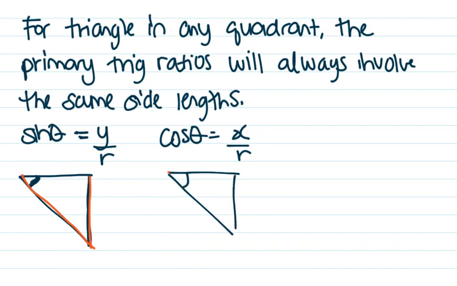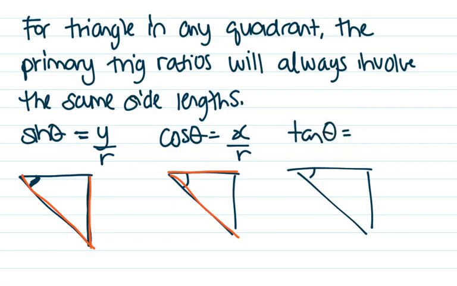And that's because I'm looking at adjacent over hypotenuse. And tan theta will be y over x because I'm looking at opposite over adjacent.